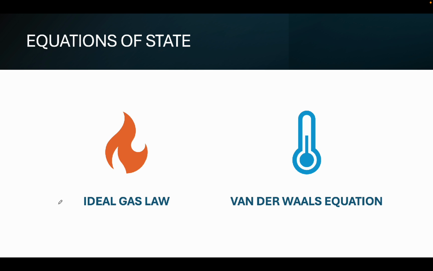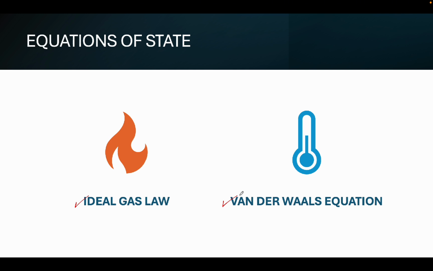Okay, so for the equations of state we have two. Number one, we have the ideal gas law, and number two, the van der Waals equation. We will be discussing these two, and also we will explain when to use each of these equations.